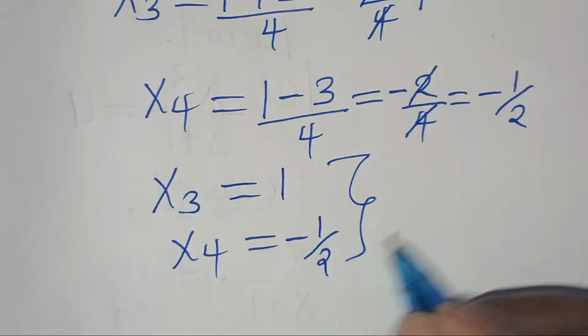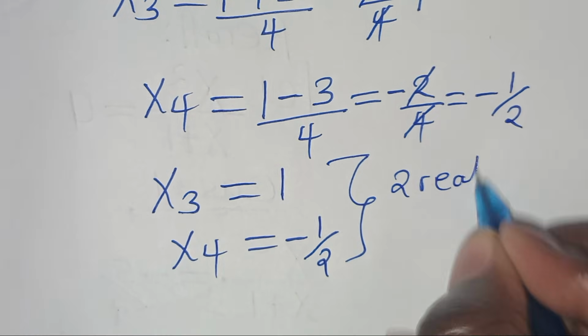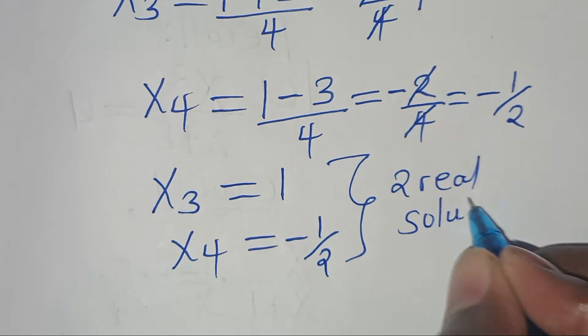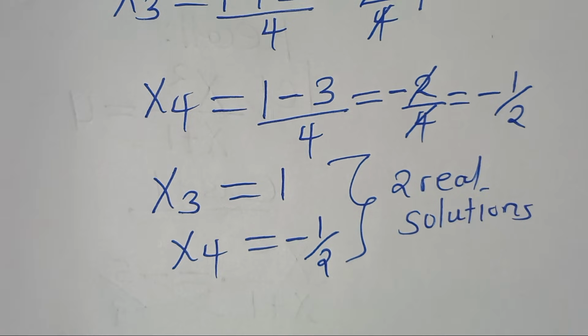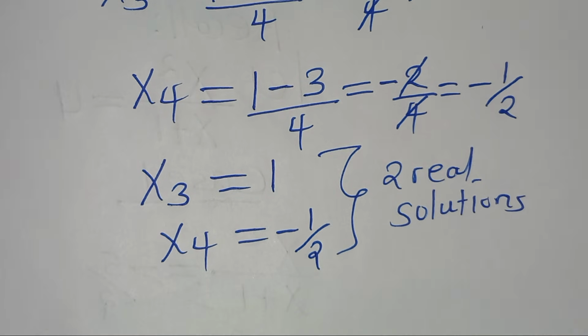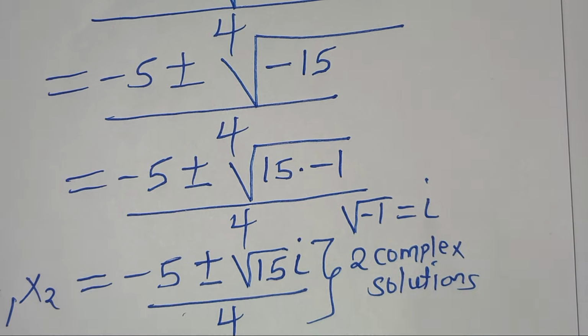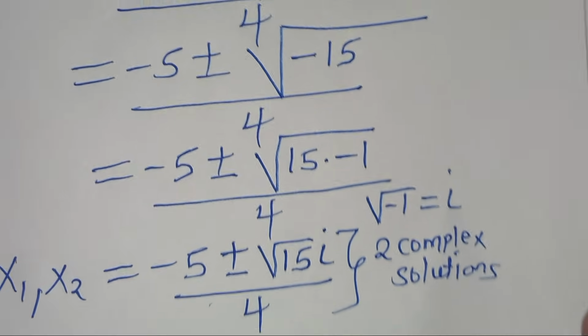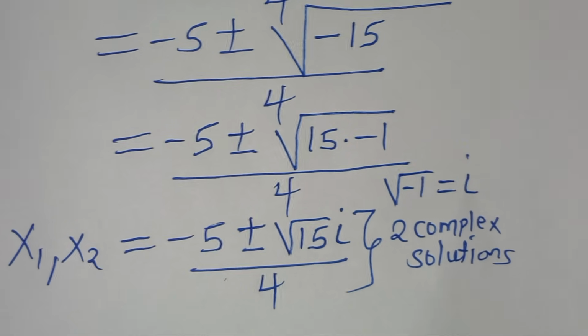These are two real solutions to this algebra problem. So we have two real solutions here and two complex solutions, and this totals to 4 solutions for this algebra problem.